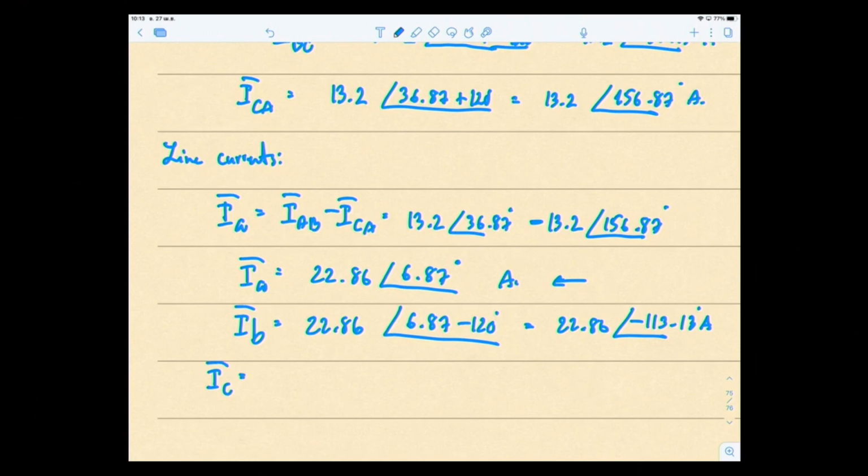And IC is 22.86, and it's ahead of IA by 120 degrees, so it equals 22.86 angle 126.87 degrees amps. So these are the line currents.